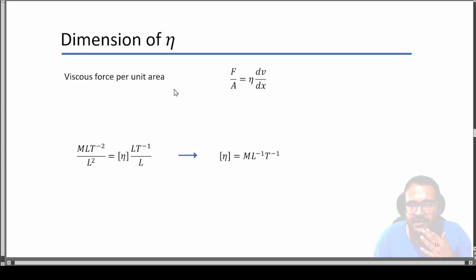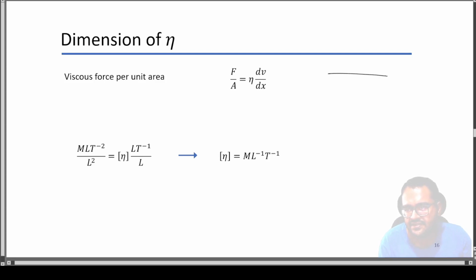But if I just tell you that there is something called viscous force, the relation of viscous force with velocity gradient is F by A is eta dV dx. V is velocity and x is displacement. Then you can easily find the dimension of eta from here. That would be very simple. Velocity gradient is nothing but like this.